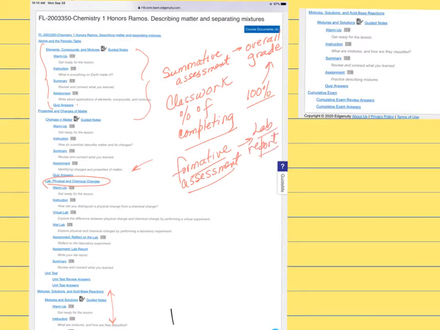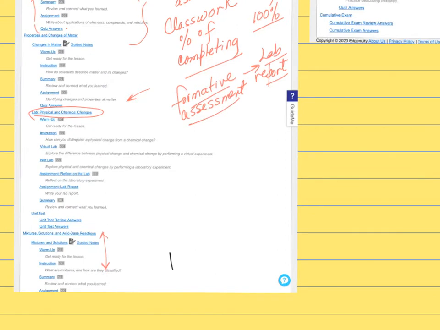And you're going to get another formative assessment, because it's going to count as a quiz, for the score that you get on the unit test over here. That unit test, not the cumulative one, is going to cover classification of matter and physical and chemical change.